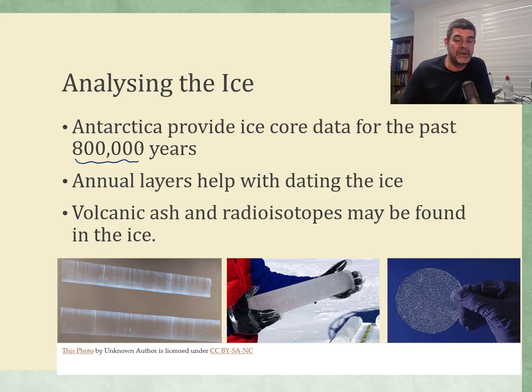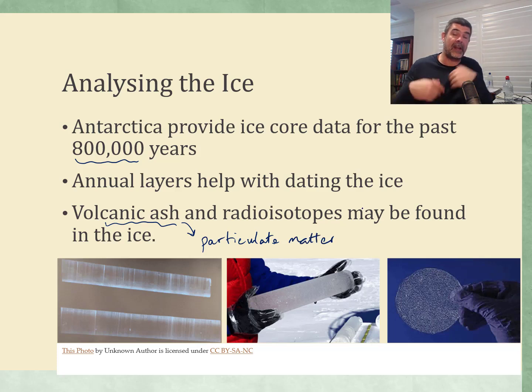And sometimes we also find some really important things in the ice that can tell us additional information, or at least give us confirmations about what we're thinking in terms of age. Volcanic ash is particulate matter, and this can actually get caught up as a volcano erupts.